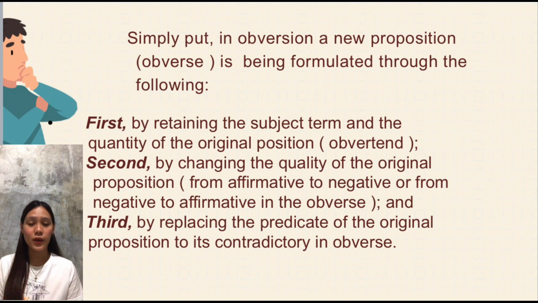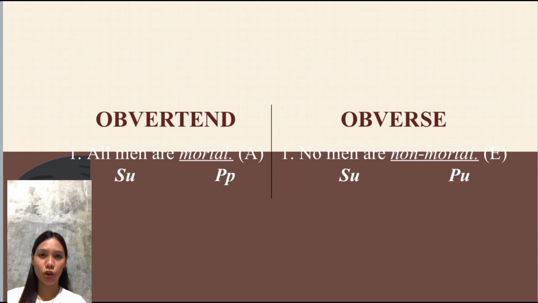And third, by replacing the predicate of the original proposition with its contradictory in the obverse. The premise and the conclusion of obversion are known as the obvertend and the obverse respectively. In obversion, we get an affirmative equivalent of a negative proposition or a negative equivalent of an affirmative proposition.